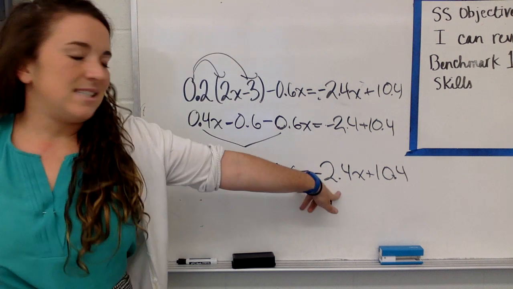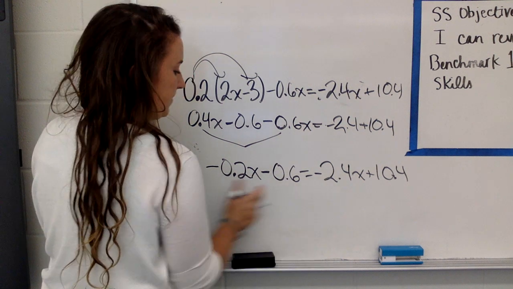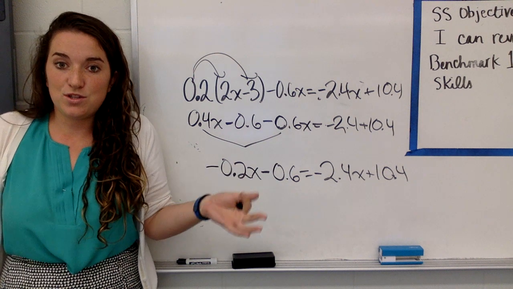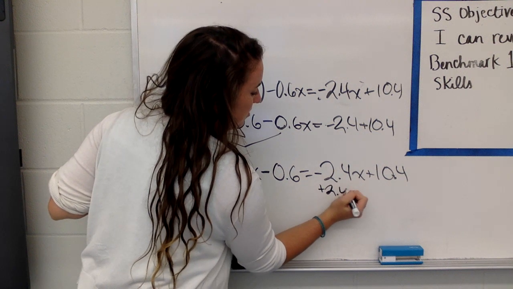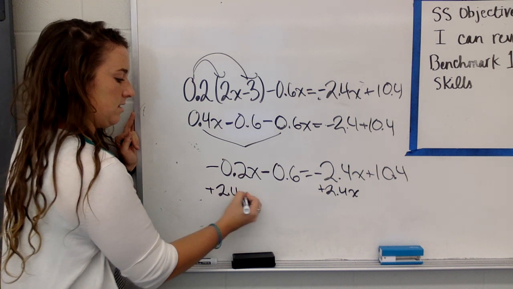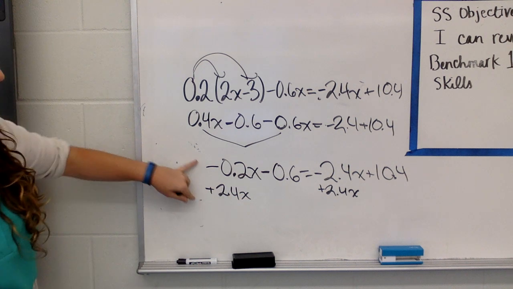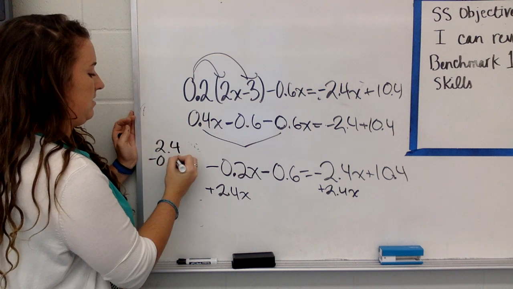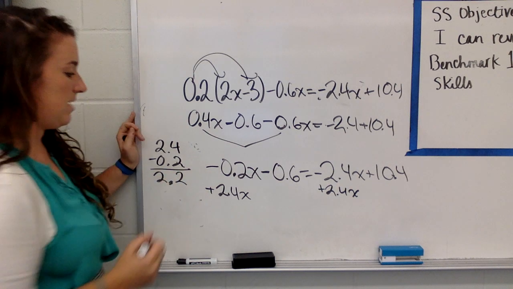Now we're trying to get the x's together. Which one do we want to move? This one is smaller because 2.4 is bigger than 0.2, but 2 and 4 tenths is bigger than 2 tenths, which means it's more negative. So you add 2 and 4 tenths x to both sides. Again, you are adding with different signs. So you are subtracting. You would do 2 and 4 tenths minus 2 tenths, which equals 2 and 2 tenths.